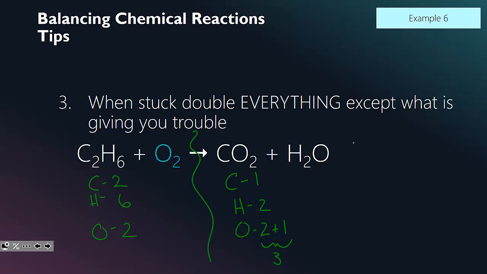We will save oxygen for last since it is elemental and start with carbon. 2 carbons cannot mysteriously disappear into 1 carbon, so I need to put a 2 in front of the molecule I find carbon in, to give me 2 times 1, or 2 carbons, but that also applies to the oxygen, so 2 times 2 is 4.